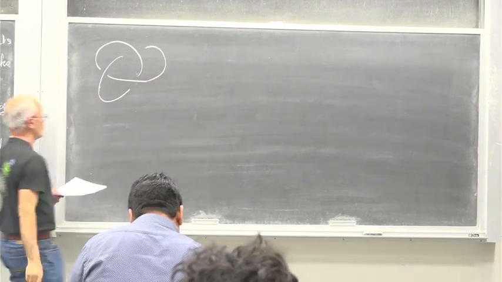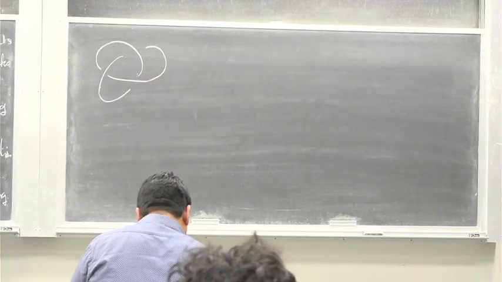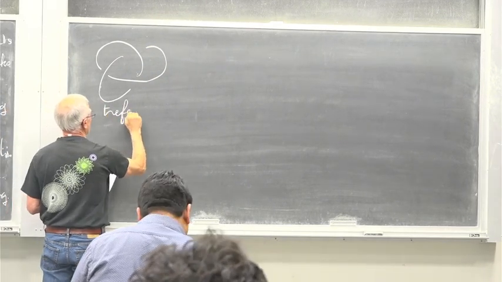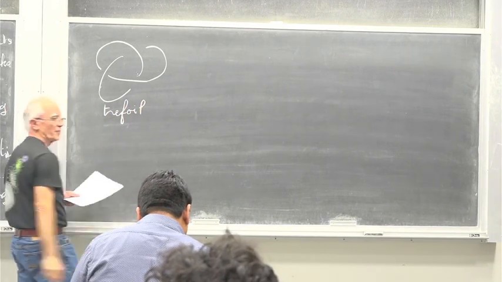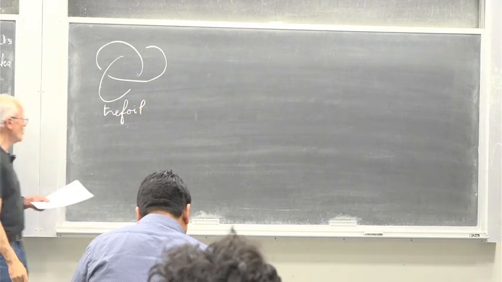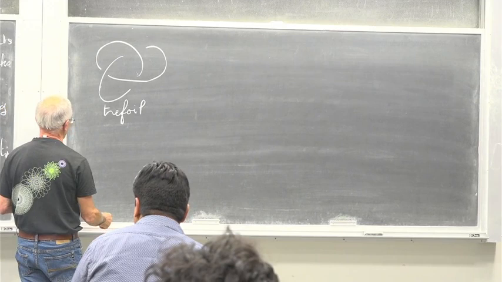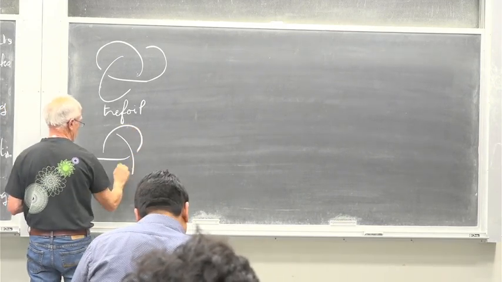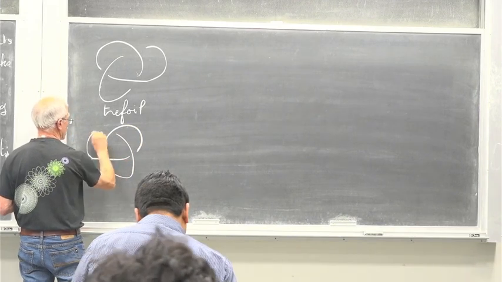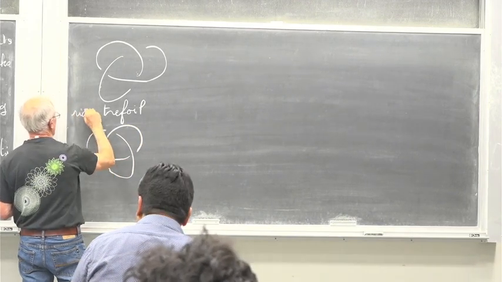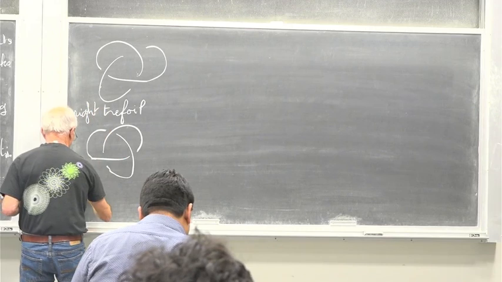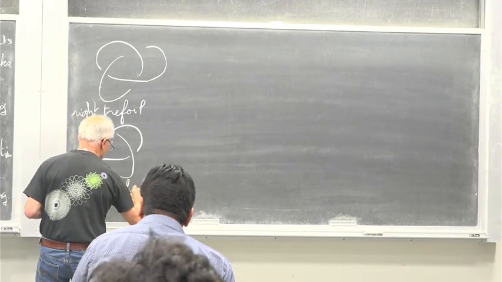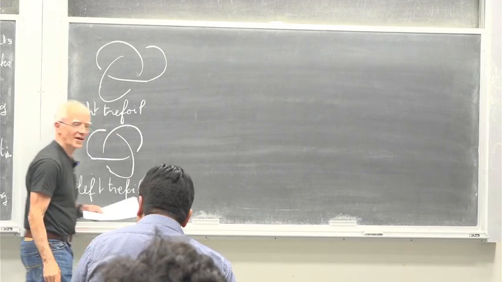I think when we start with knot theory, we usually use this example, which is called a trefoil. But there is another trefoil, which would be done this way. So this one will be the right, and this one will be the left trefoil.